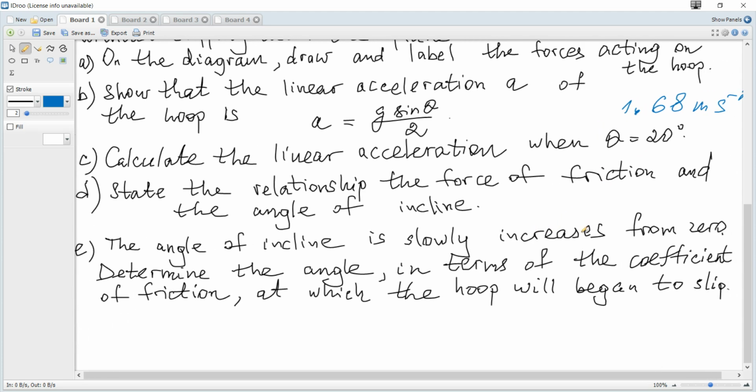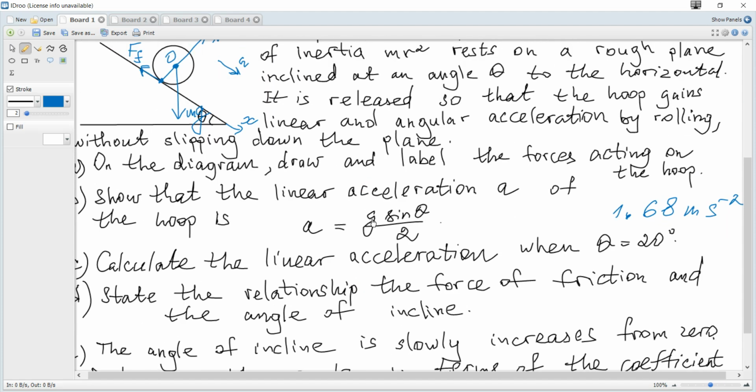The next part: state the relationship between the force of friction and the angle of incline.